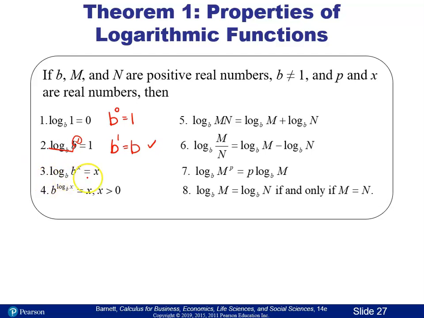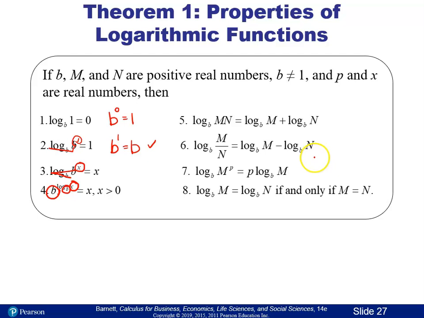Same thing here. If I put it in its exponential form, b to the x is equal to b to the x. So this number 2 is just a special case of number 3. But again, anytime these two bases match up, those are going to cancel out and you're just going to be left with that exponent. Same thing here. If this base and this base match up, then you're just left with the exponent there.